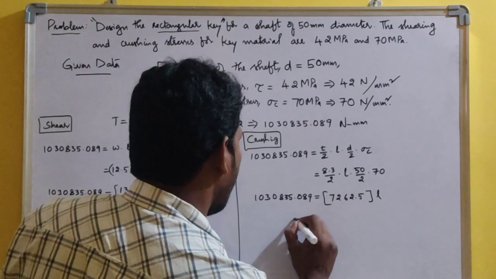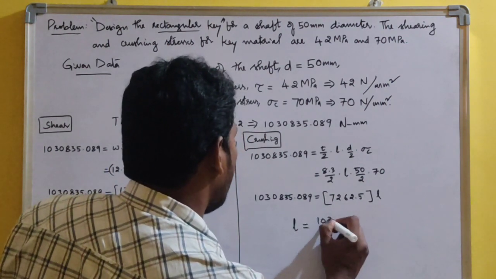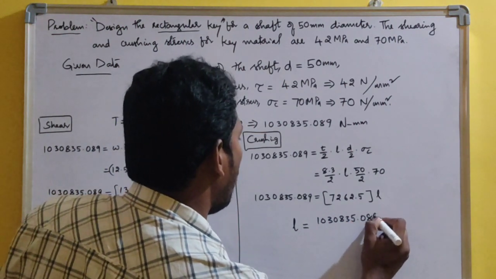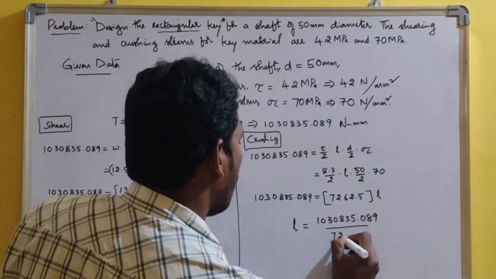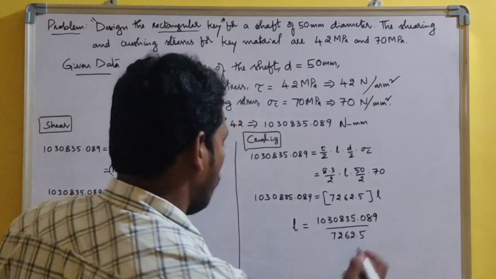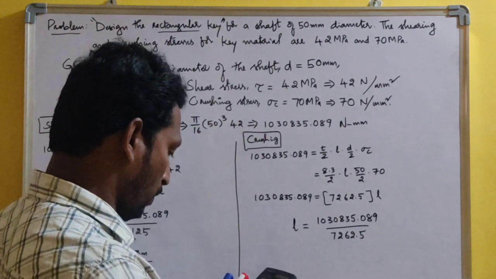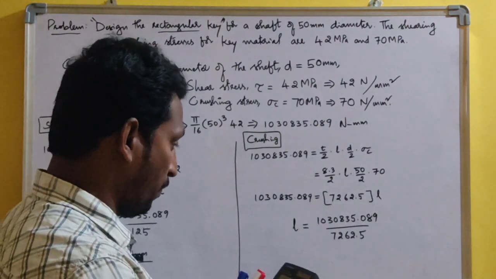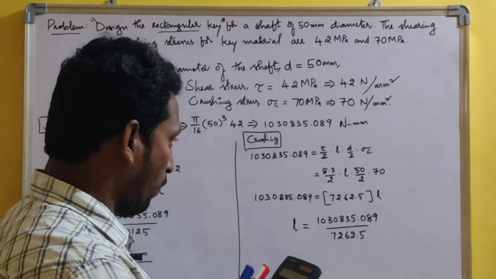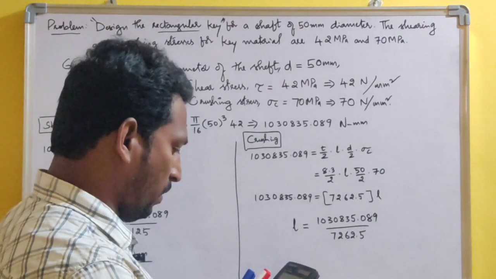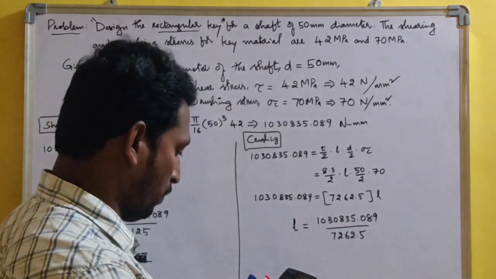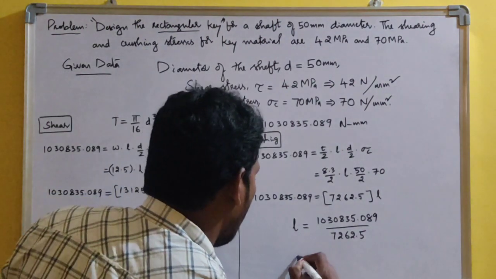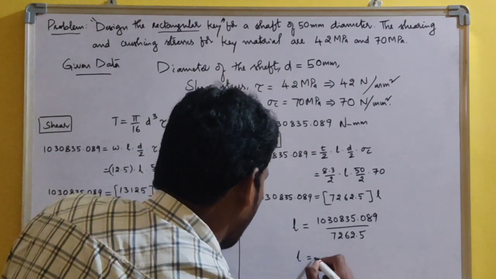So this can be written as L equal to 1030.835.089 divided by 7262.5. Let us find the value. So the value of L is 141.93 mm.